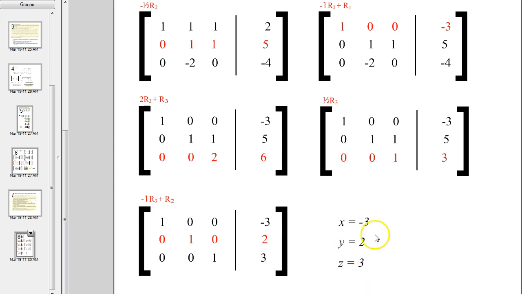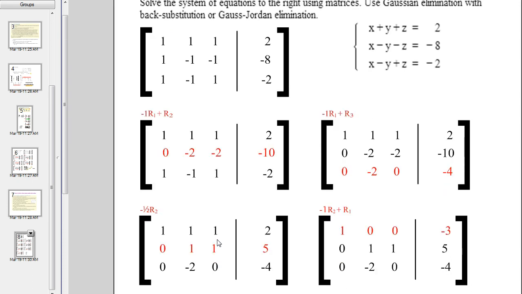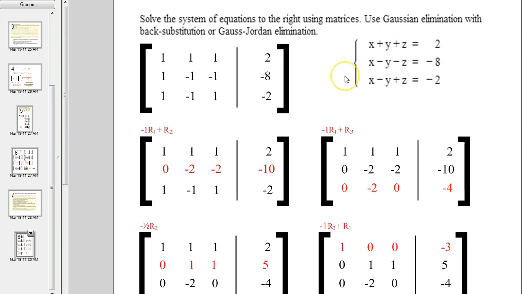So just keep in mind when you do this process, if you end up with x equals, y equals, and z equals like you end up with these 1s and 0s like this, you've solved it. There's no need to back substitute. You've got the matrix completely solved, or you've got the system completely solved.